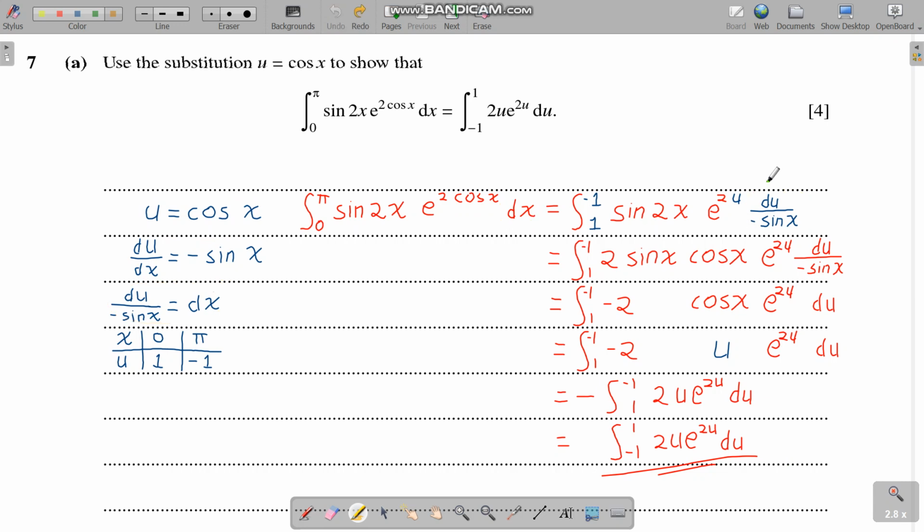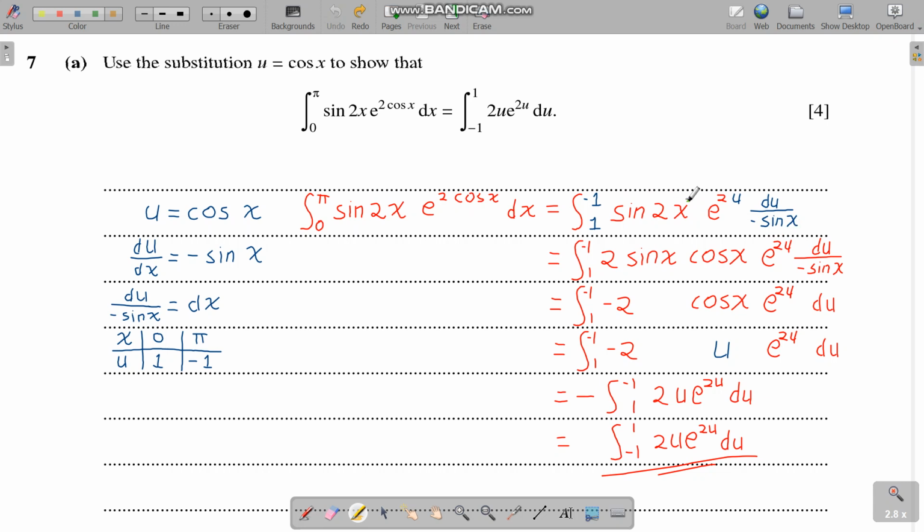So here we still have sine 2x, sine x, so we still have something in x, so we cannot integrate because we have x and u. So we have to do something so that we can cancel out the x basically.